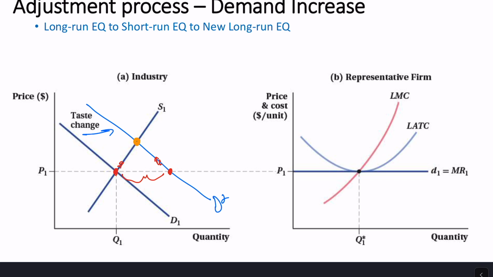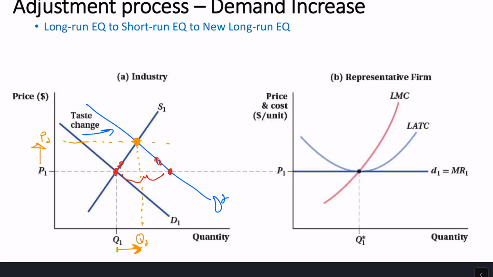And so we'll get a new higher market price, P2. So moving to that short run equilibrium, we get a higher price, P2, and an increase in the market output to Q2. So price goes up, quantity in the market goes up.